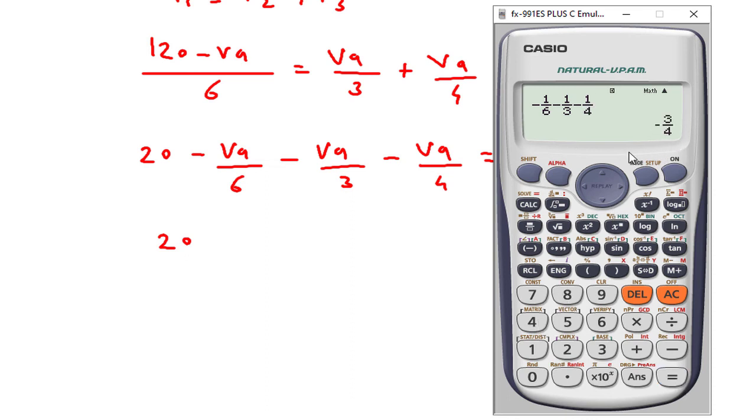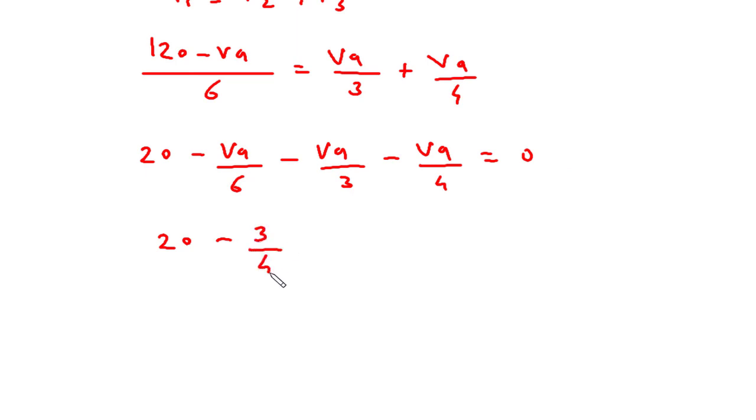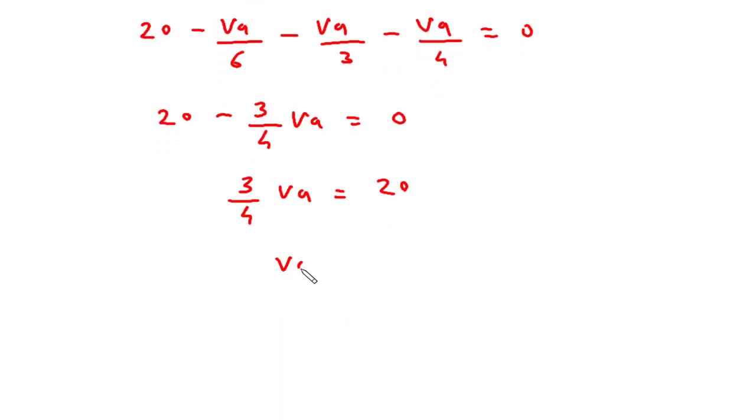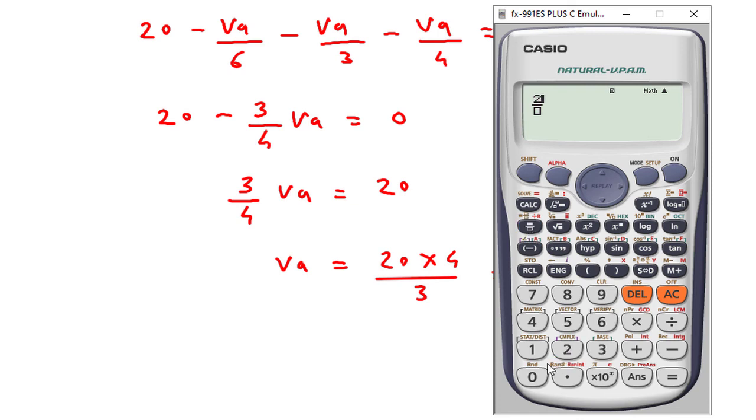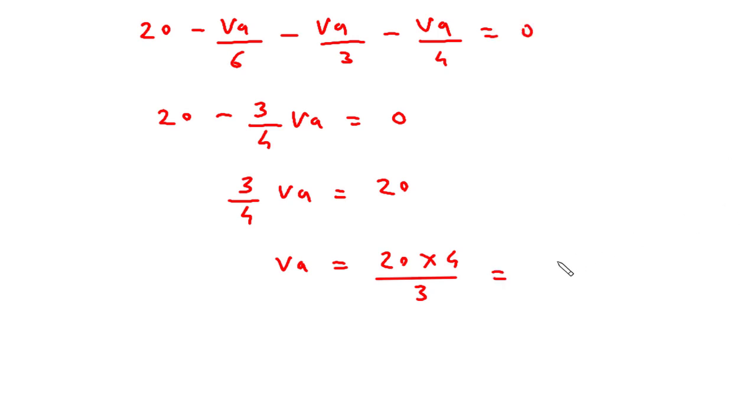So this will be minus 3 by 4 VA is equal to 0. Therefore 3 by 4 VA is equal to 20. So VA is equal to 20 into 4 divided by 3. So it is 26.6. 26.6 volt is the value of VA.